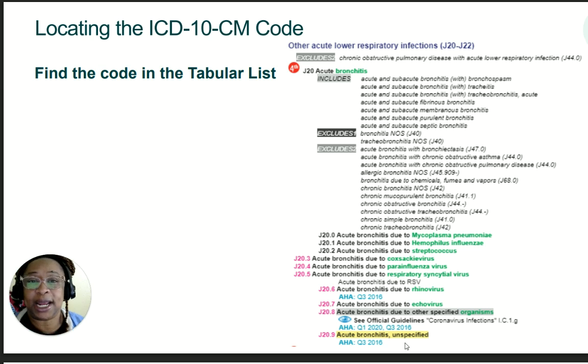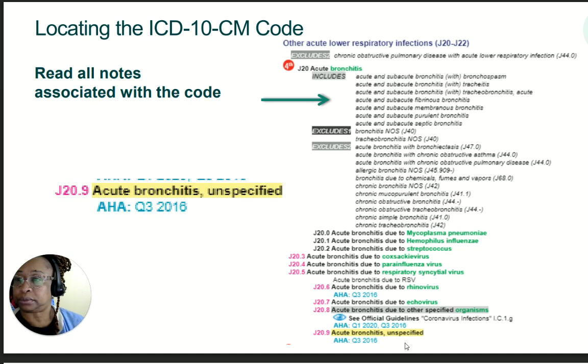Now, anytime anything is not giving more description, or if it's not giving specific details on either the organ or the dysfunction or the malfunction of the disease, always go with unspecified. Read all notes associated with the code. Read your Excludes 1 and Excludes 2 notes. Those are very important.